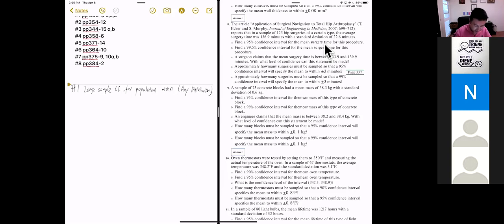The equation I also copied here. This is equation 5.1 on page 327 of your textbook.